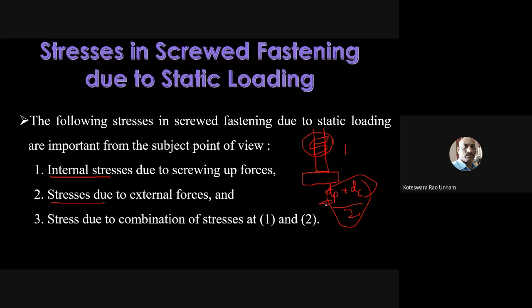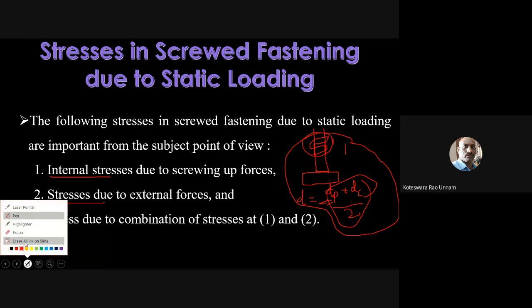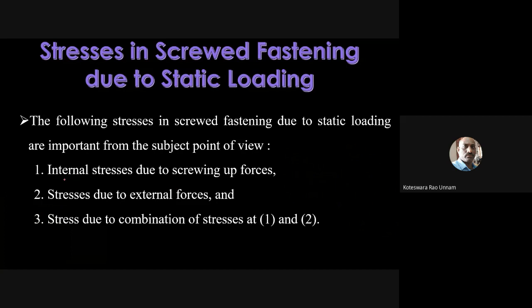Based on experimental results, people arrived at using this diameter for calculating the tensile stress area, that is (dP + dC)/2. Therefore all these are empirical relations, or approximate relations. Because of this, it is not possible to calculate all the stresses exactly, so they are approximate stress values only.